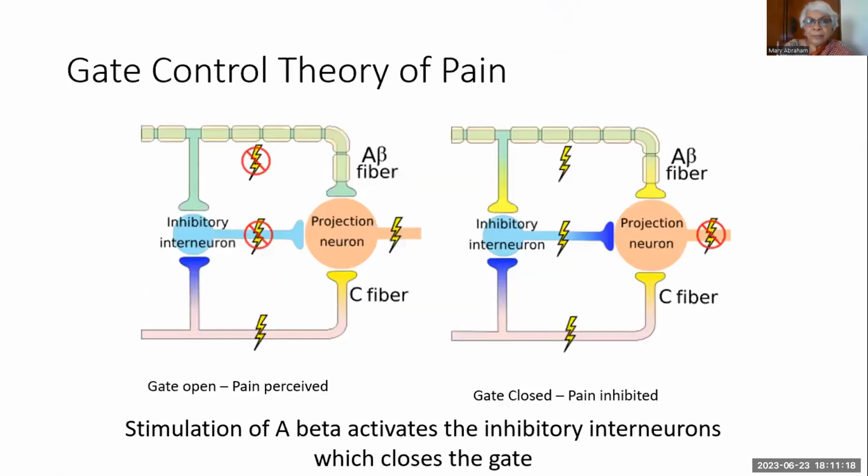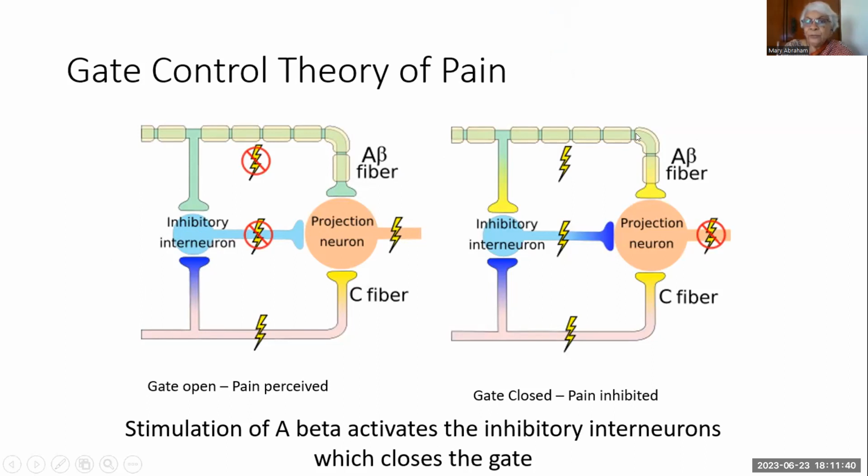So, if you look at the thing, it's something like this. This is the pain that is going through the C fiber. It is entering the spinal cord and then going up the projection neuron to the brain. Now you have the A beta fibers also, which are mediating touch. And there are inhibitory neurons here in the spinal cord, in the dorsal horn.